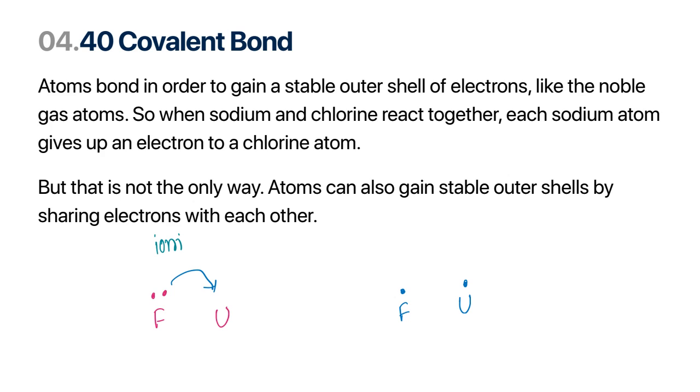The metal ion doesn't really need the electron, so it gives it to the other element that can have a fuller outer octet. So this is reminiscent of an ionic bond. On the other side, you have a covalent bond.